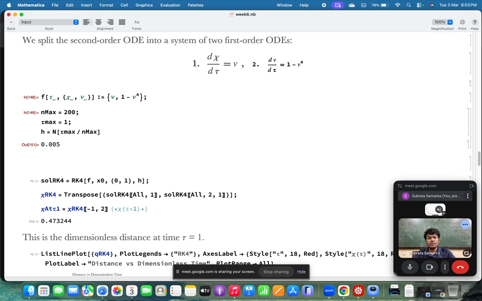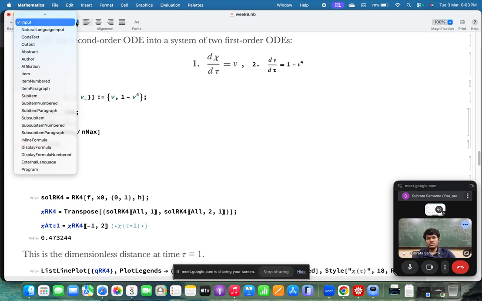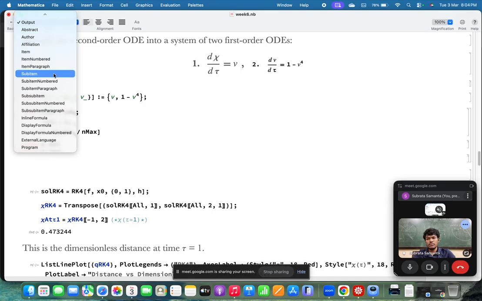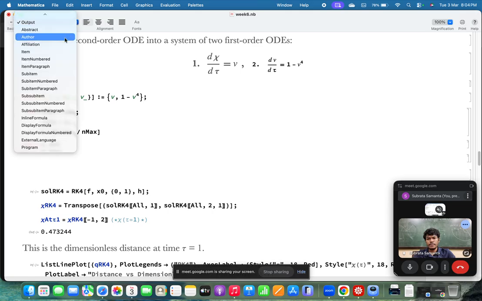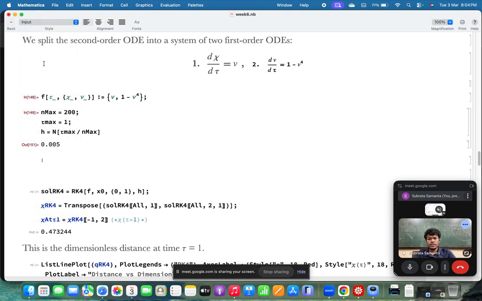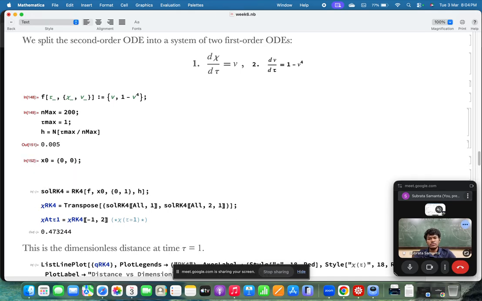So basically x naught: my values of x, chi, and v are both 0 at t equals 0, tau equals 0.